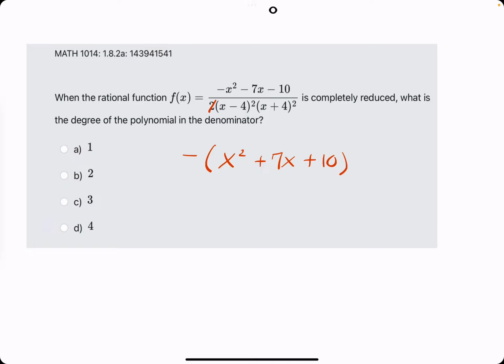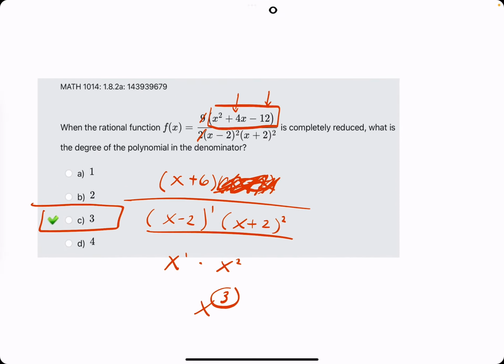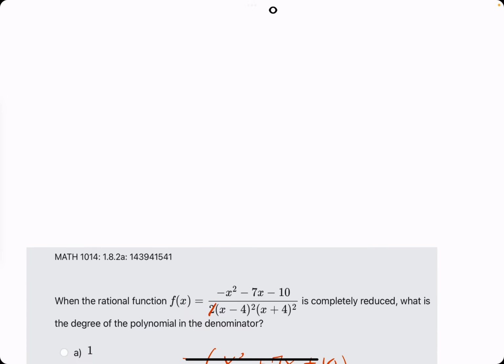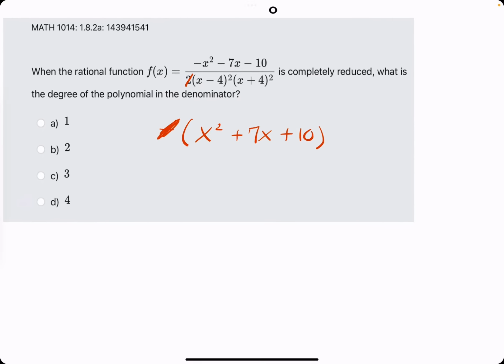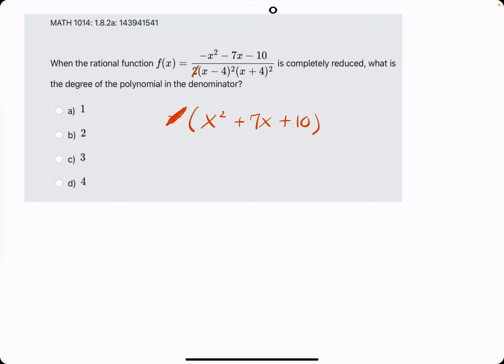So then, kind of like the other numbers that were in front of the numerator in the other problems, we can eliminate that negative. Just don't worry about the negative, because now we're just factoring the numerator. Factoring this expression here, we need two numbers that multiply to 10 but add to 7. So 5 and 2 come to mind. 5 times 2 equals 10, and they naturally add to 7.